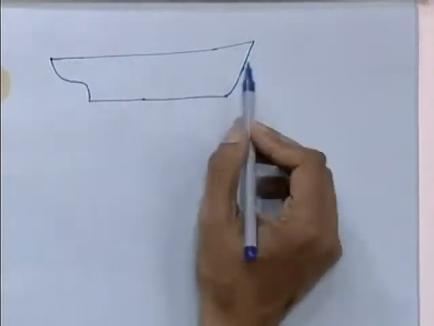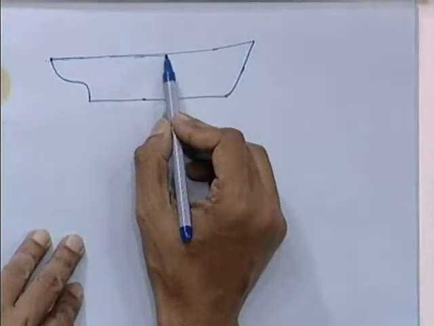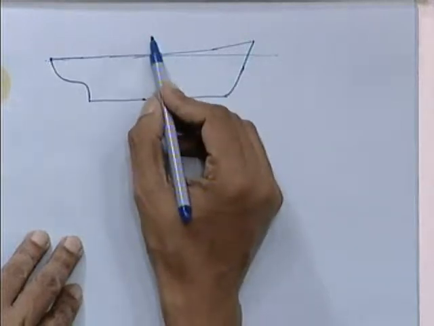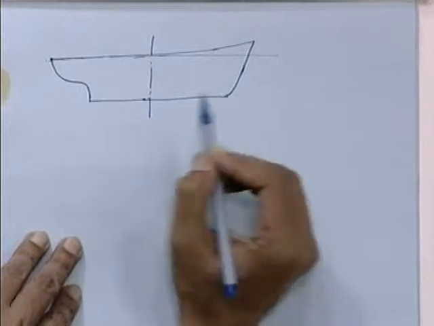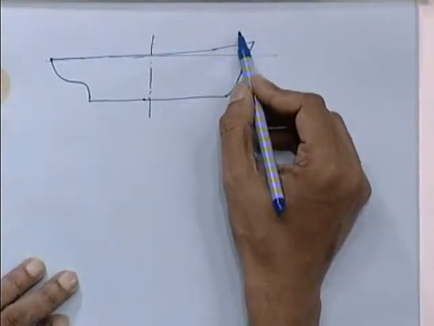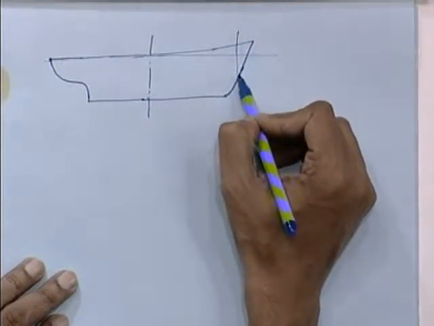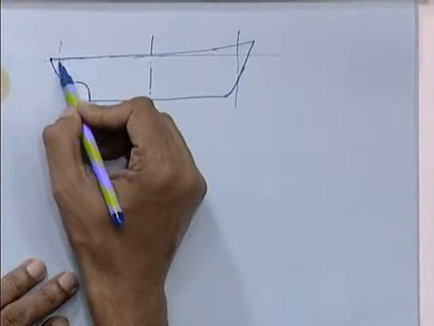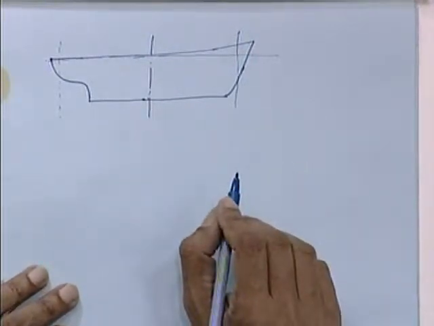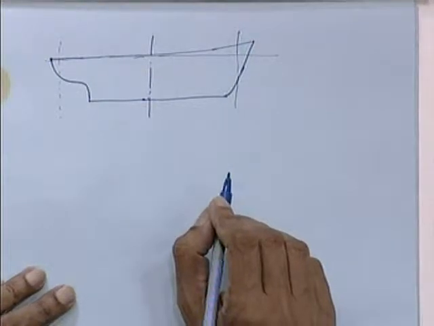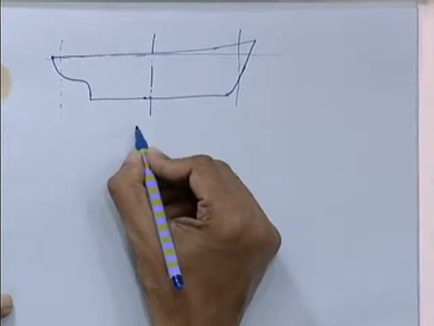Because here you will find that the deck is having practically no curvature at the aft end, but the slope is given at the forward end. So this is called shear.